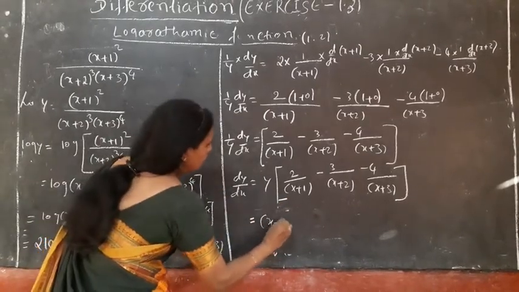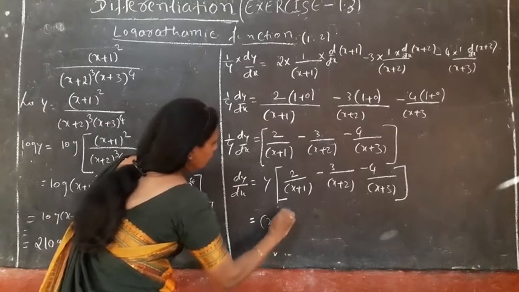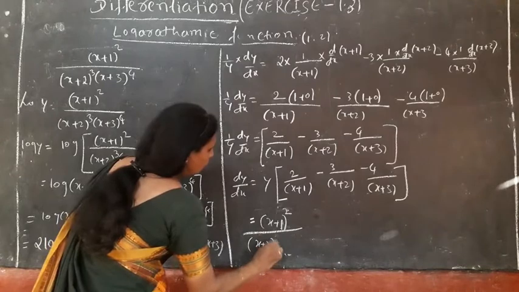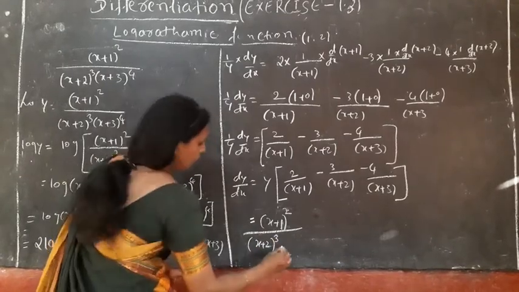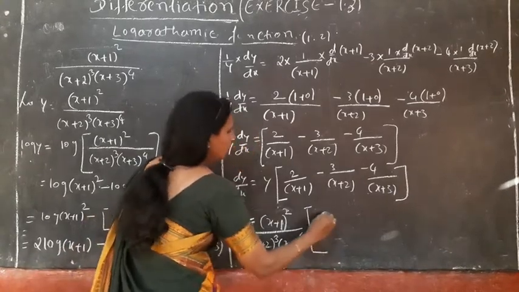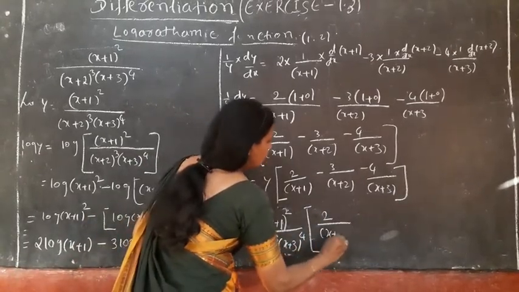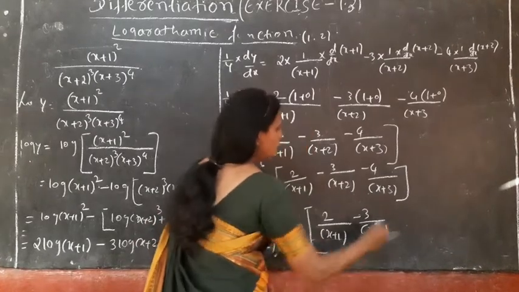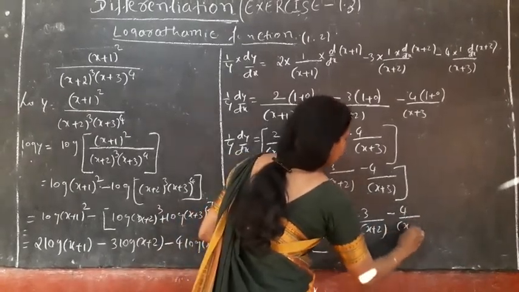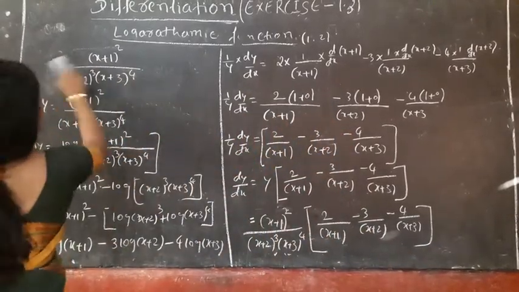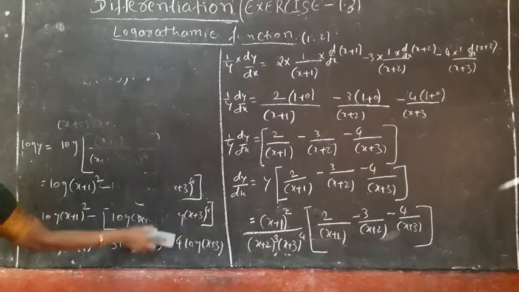Given that (x plus 1) raised to 2 divided by (x plus 2) raised to 3 (x plus 3) raised to 4 into the bracket 2 divided by (x plus 1) minus 3 divided by (x plus 2) minus 4 divided by (x plus 3). This is the answer. Next, consider the second example.